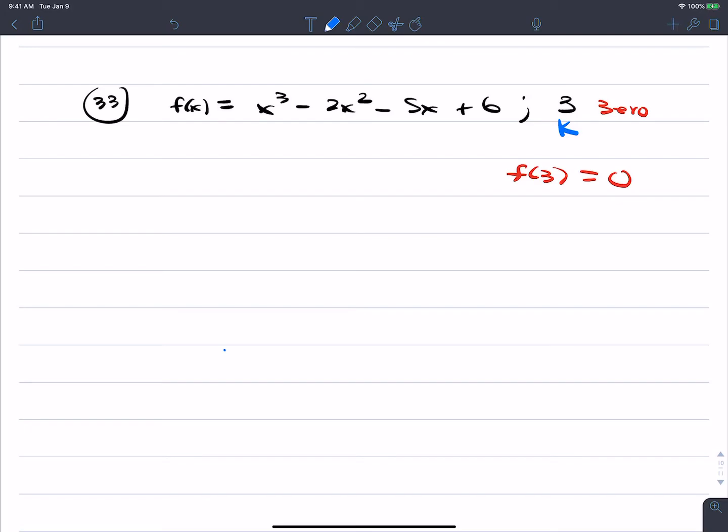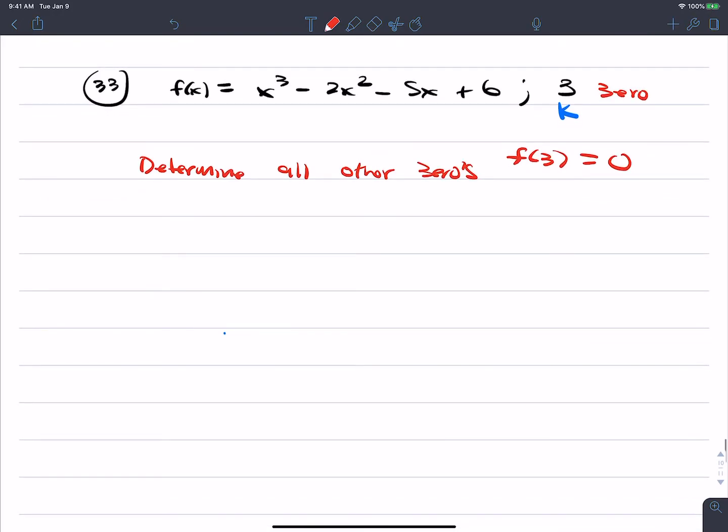They want us to determine, and here's the question, all other zeros. So we have to find all the other zeros. Now, in order to do that, what we really need is our quotient function, q of x.